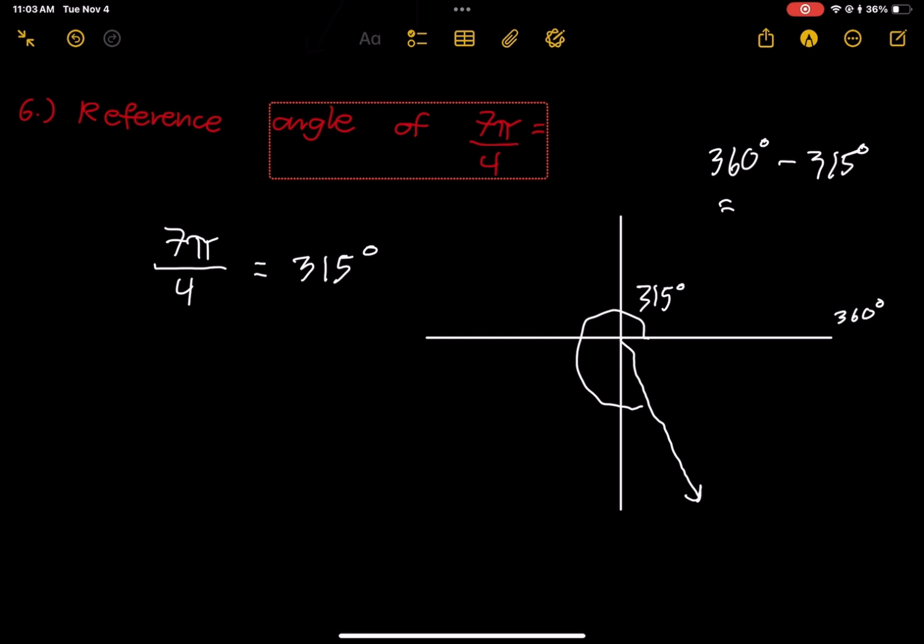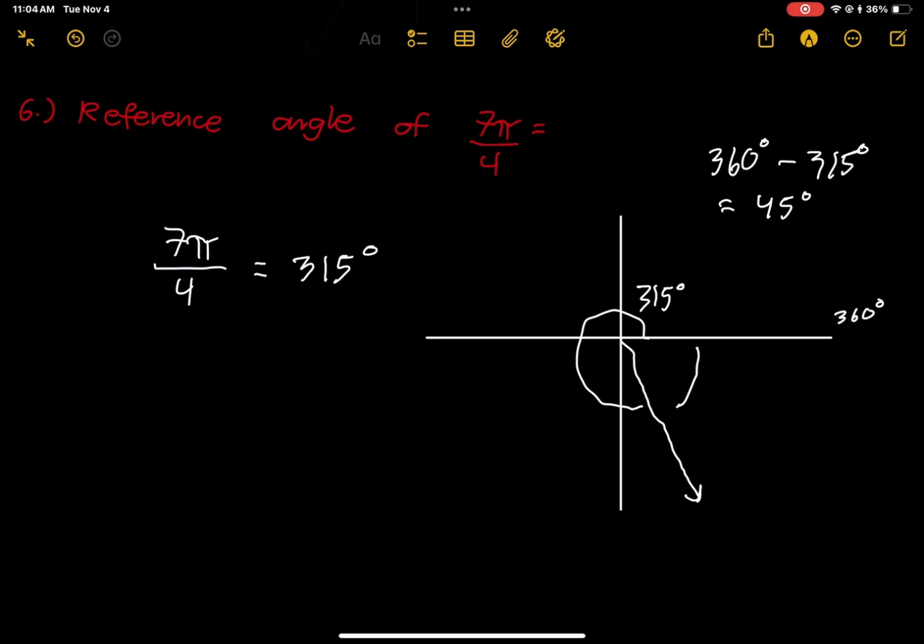So 360 degrees minus 315 degrees, we will have 45 degrees. So therefore, the reference angle of 315 degrees is 45 degrees.